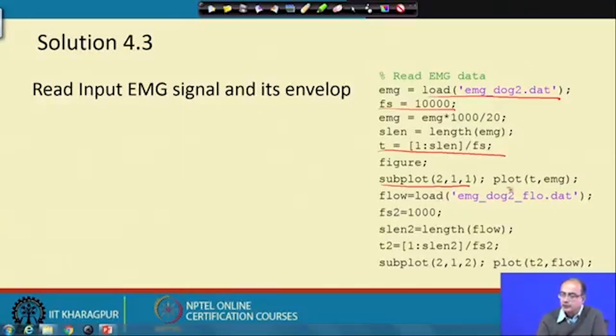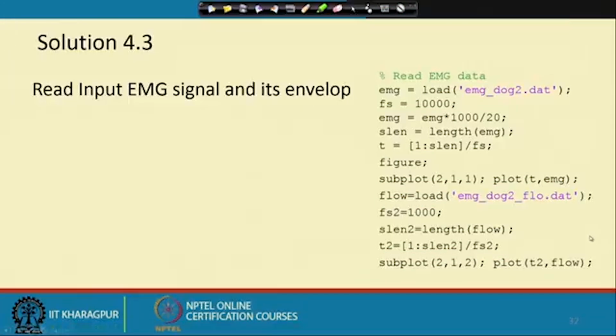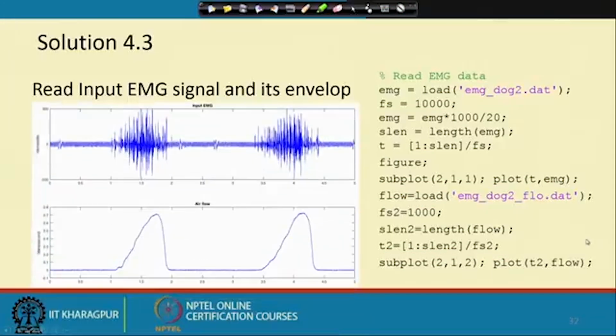In the upper part of the plot we put the EMG signal, then we load the flow of air, which is the result of the movement of these muscles, put it in the variable flow with the corresponding time index, and we use the subplot command 212 to take the lower half to plot that output. So, here we get the signal and the airflow.